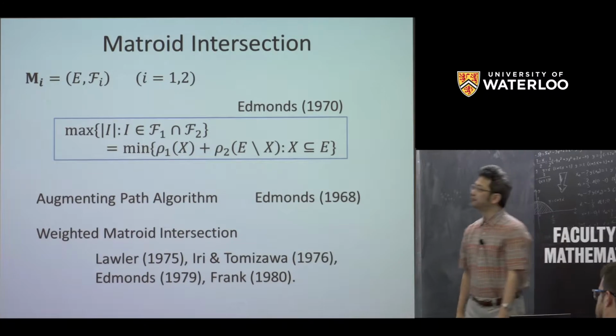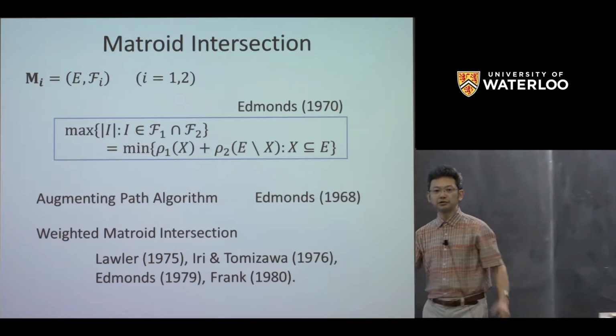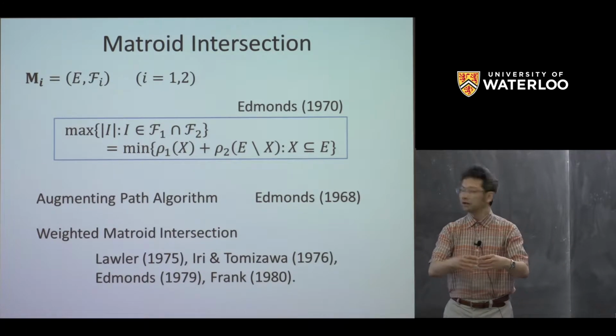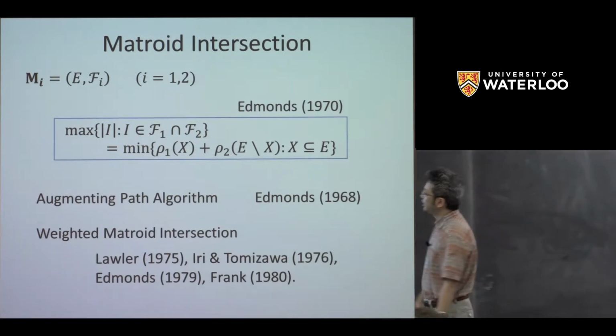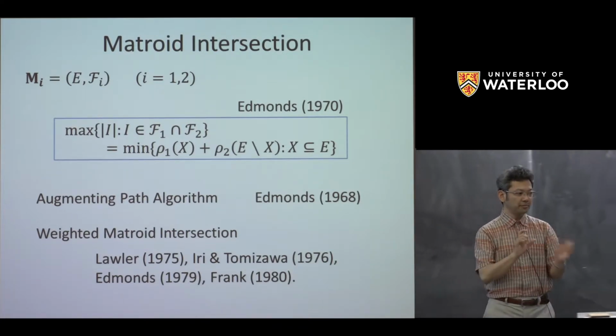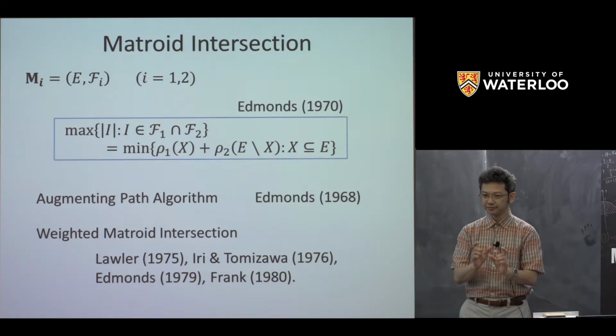matroid intersection. So suppose you're given two matroids that share a ground set in common, okay? What we want to do is to find the maximum size common independent set of the two matroids, okay?